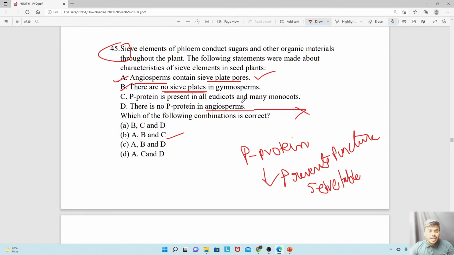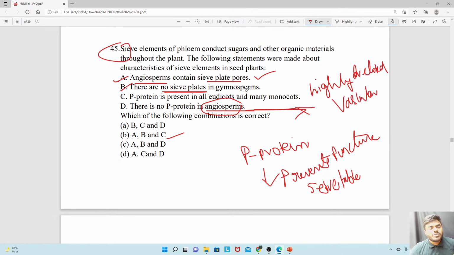Because, friends, angiosperms are already very highly modified structures. Since they are highly modified, you all know, right? They have a highly developed vascular system, which we read in our 11th standard also. In the gymnosperms, there is a poorly developed vascular system.